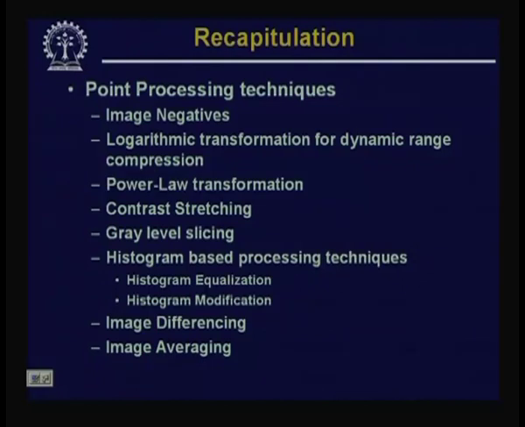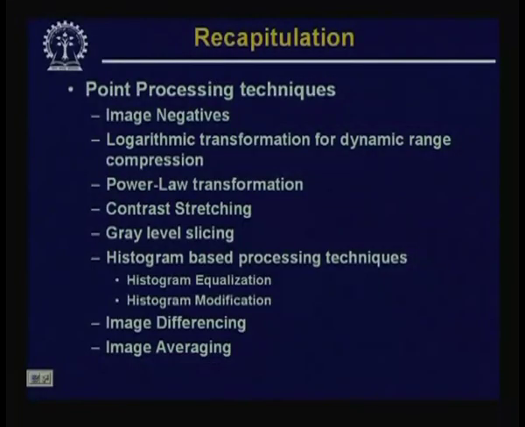One of them was the image differencing operation. This image differencing operation highlights those regions in the image where there is a difference between the given two images. Only those regions where the given two images are different will be highlighted, and where the two images are similar, those regions will be suppressed.